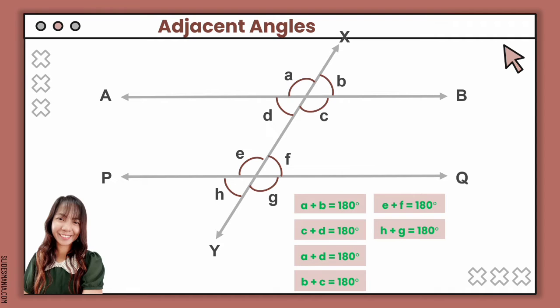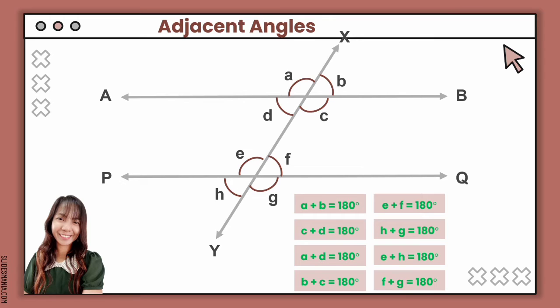Another example of adjacent angles is angle E and angle H. So E plus H equals 180 degrees. And the last one, angle F and angle G. So angle F plus angle G equals 180 degrees.